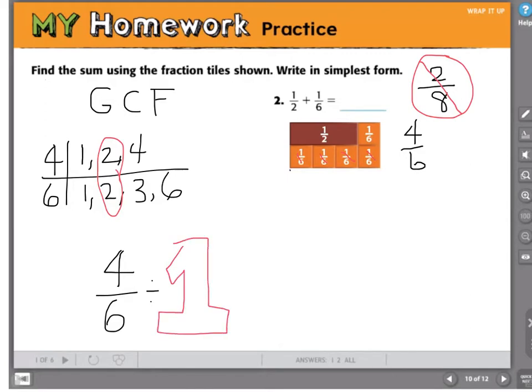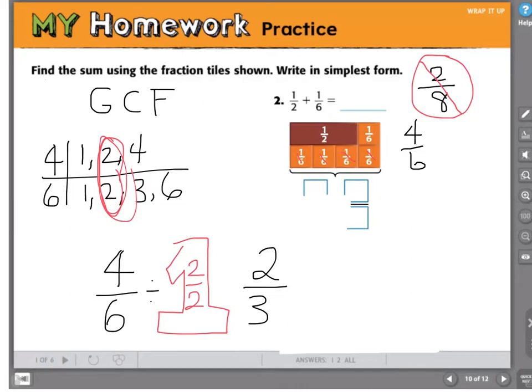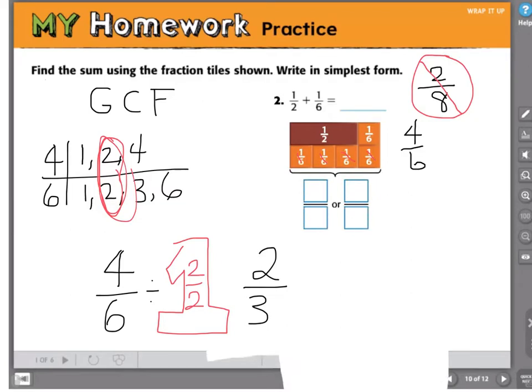Inside my big 1, I'm going to have my GCF. That's 2 over 2. Now 4 divided by 2 is 2, and 6 divided by 2 is 3. So now we are ready to give our final answer. One half plus 1/6 equals 4/6 or 2/3.